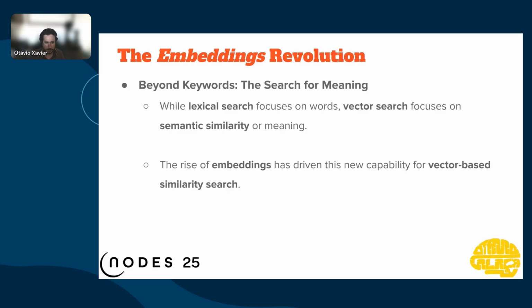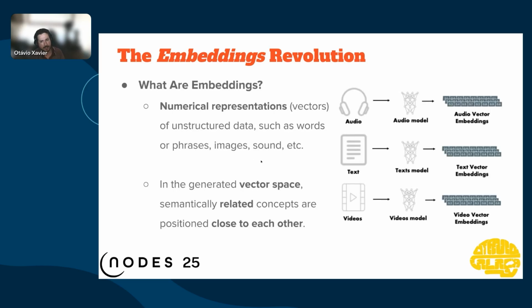By combining them, we ensure that we take into account the importance of, let's say, proper names, which are basically words, but also bring the semantics, the meaning of the sentence. So we combine the two inside the Neo4j database.